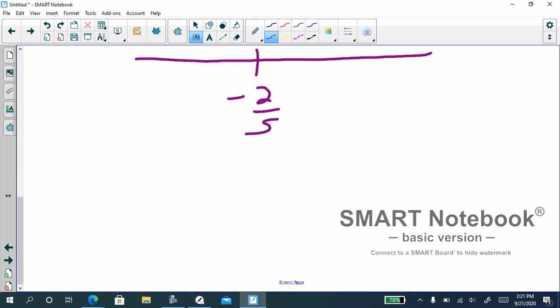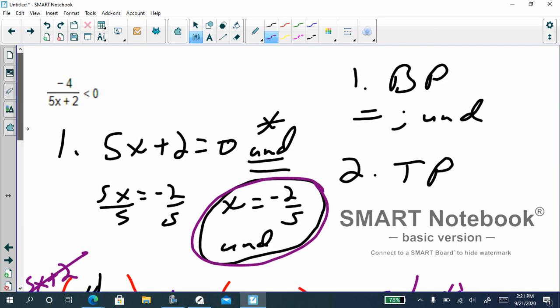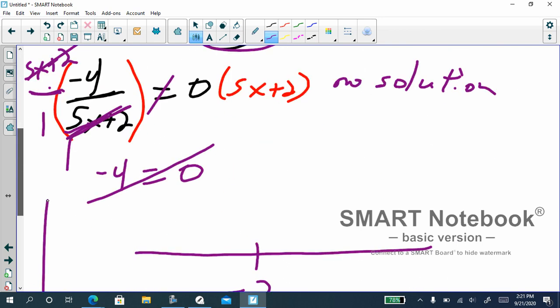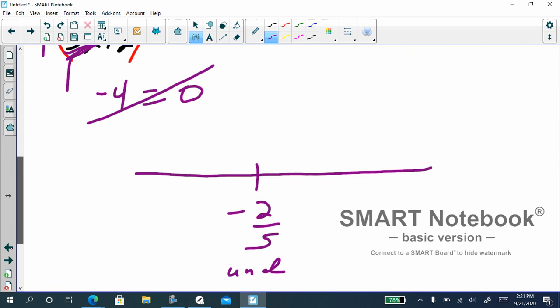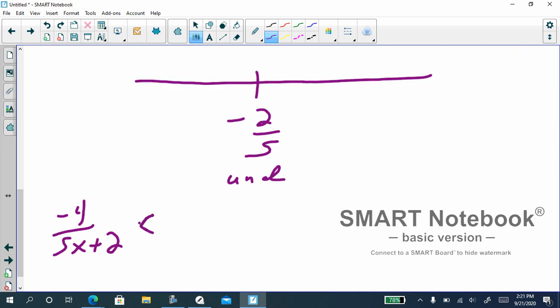I'm going to make a note because that's the boundary of being undefined, which is different from a boundary of being equal. So let's take our original problem and see which side works. Numbers to the right, we could use a 0.